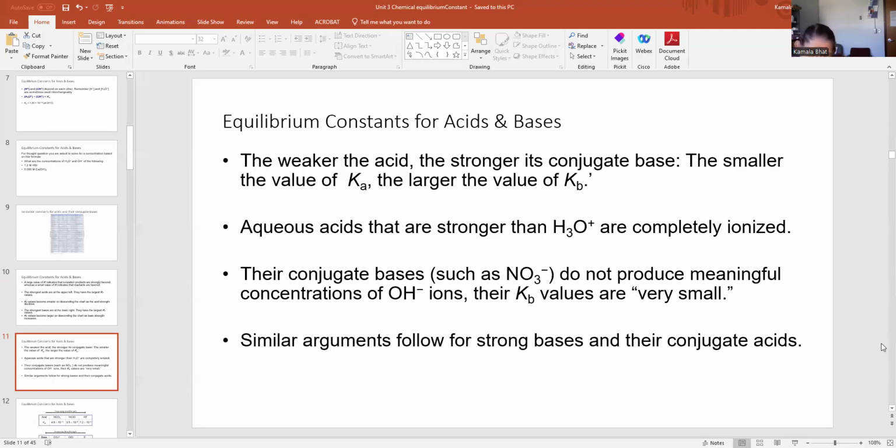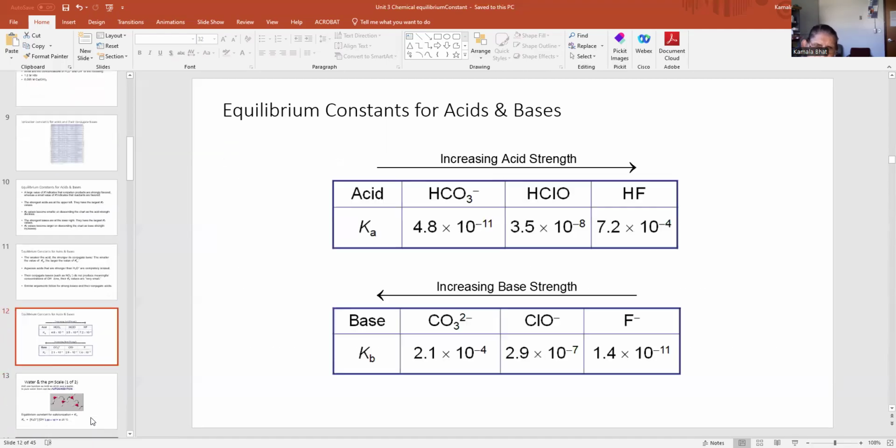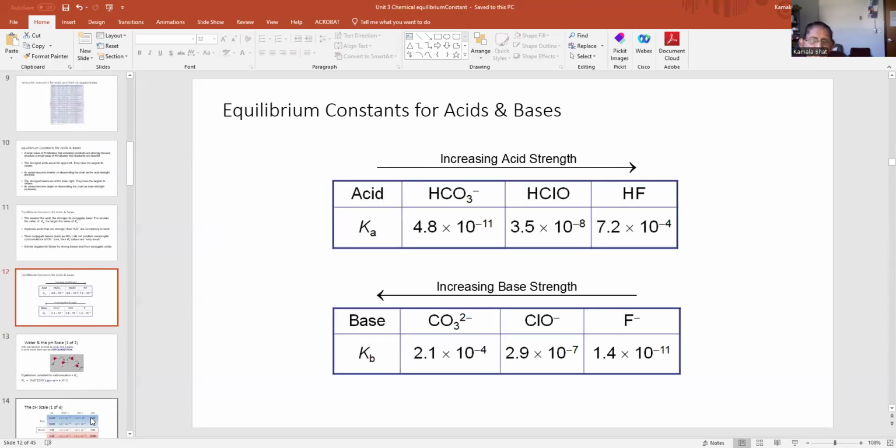These ions will not impact the reaction with water. The same explanation can be used for strong bases and their conjugate acids.